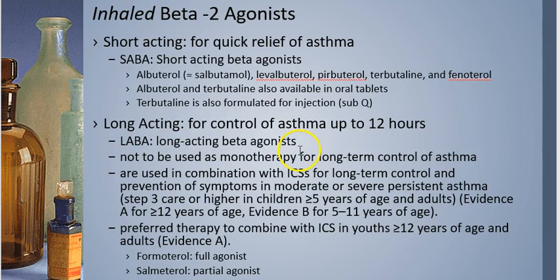Your long-acting ones, which last up to 12 hours, are most often not used as a monotherapy. They're used as kind of an add-on therapy for the control of asthma. And you see them sometimes used in combination with ICS, or inhaled corticosteroids. And this is kind of for long-term prevention of symptoms in patients that have moderate to severe but persistent asthma.